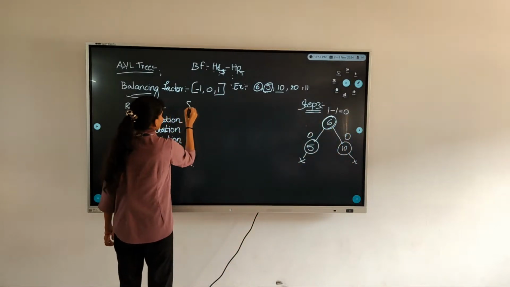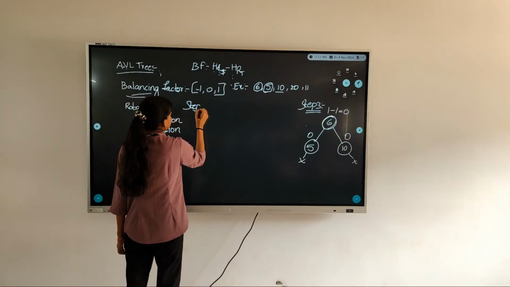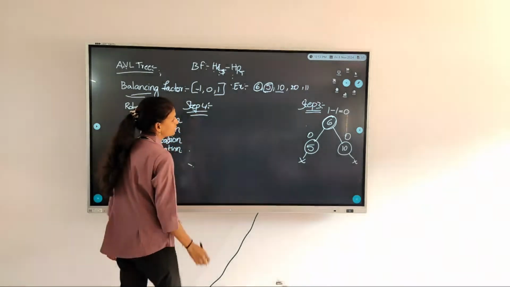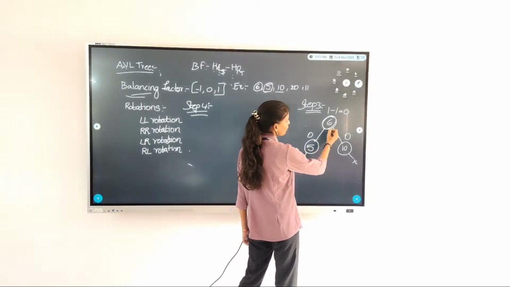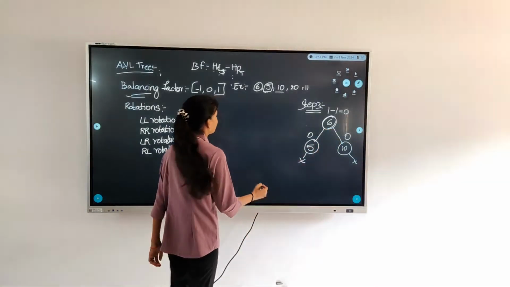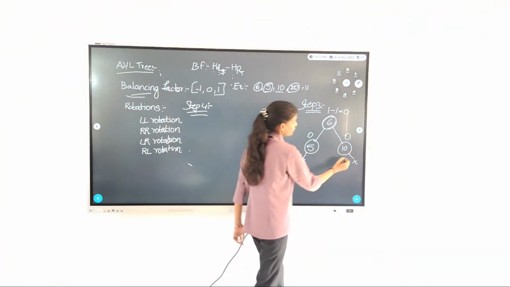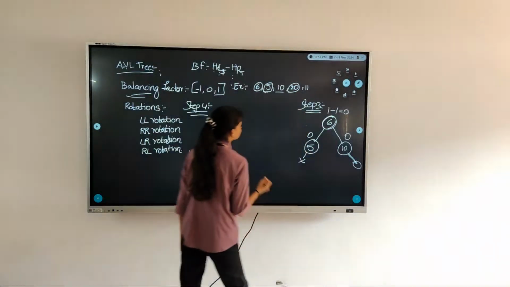In step 4, again we want to check whether the next number is greater than the root node or less than the root node. 20 is greater than the root node, so we will insert it here.